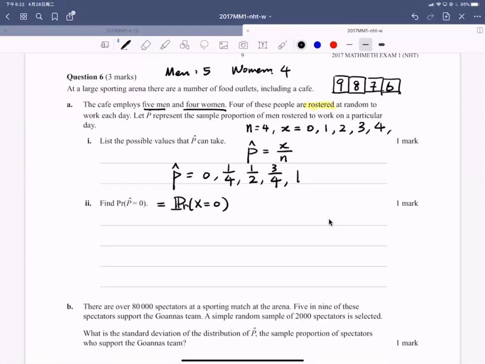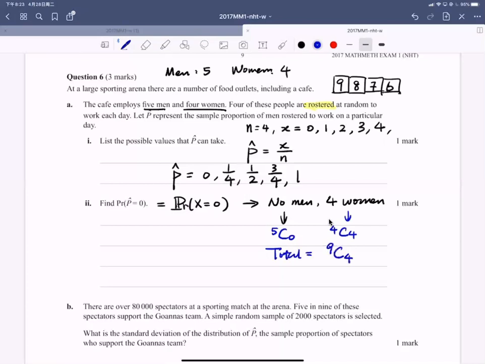So for X equals 0, that means no men, but 4 women. For no men, I'm choosing 0 out of 5. For 4 women, I'm choosing 4 out of 4. Total case will be 9 people choosing 4.